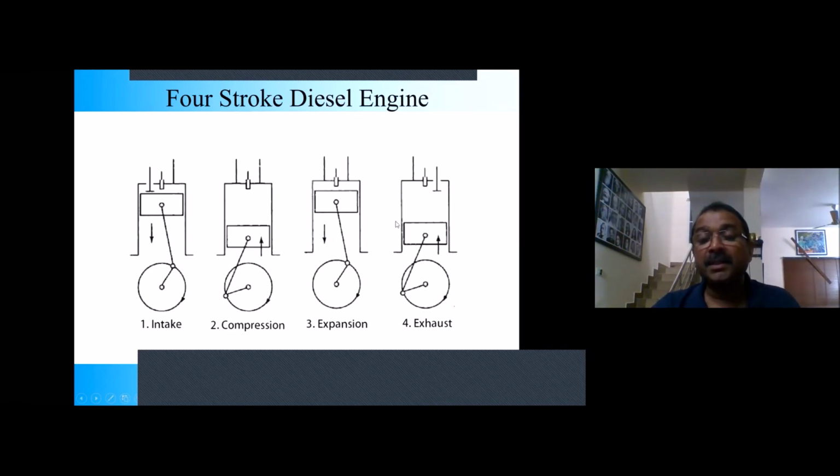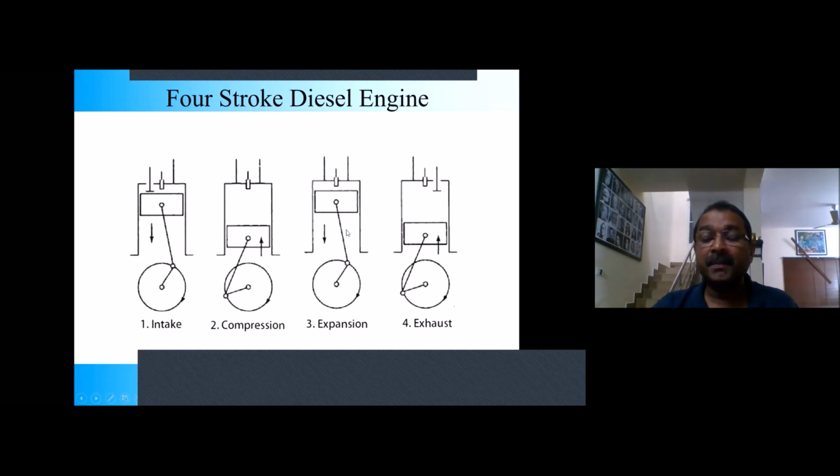Okay, the fourth stroke is exhaust. You have seen that when you look at your car, there is a pipe at the rear side through which smoke goes out when it is working. This is the process actually happening inside the engine at that time.